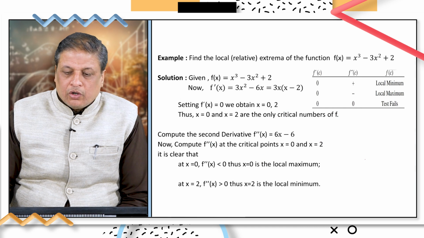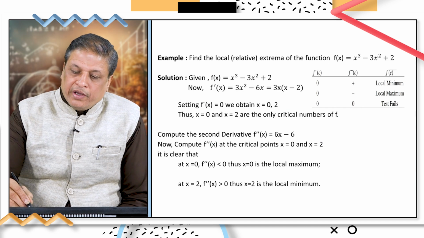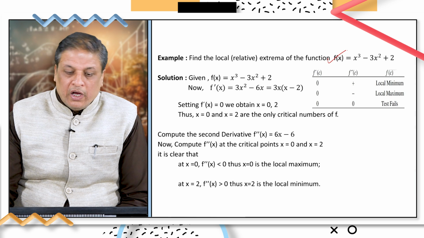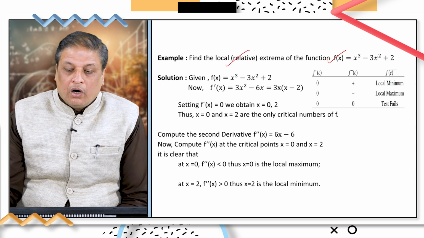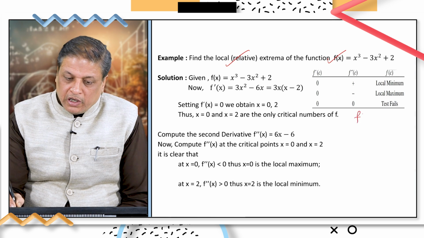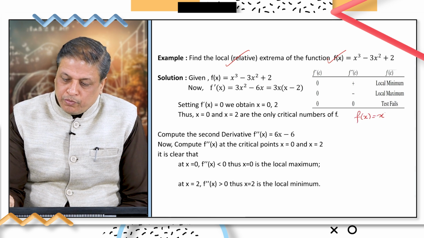So, let's solve one more numerical. Now, over here the given function is x cube minus 3x square plus 2, and we are supposed to find the local or relative extrema, that is minima and maxima. So, f(x) given to us is x cube minus 3x square plus 2.